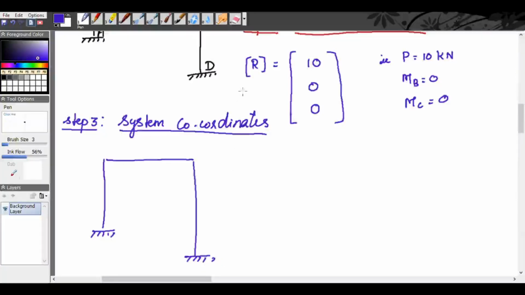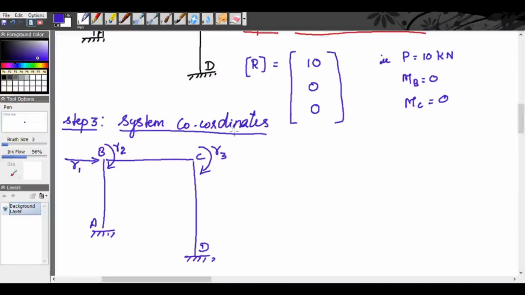We have the system coordinates corresponding to our force matrix. The first one is the P force, which we take as R1, our first system coordinate. Second is MB equal to 0, so we give a clockwise moment at B. This can be taken as the second system ordinate. Next is MC, so we give a clockwise moment at C. That is our third system coordinate. So our system coordinates are R1, R2 and R3.